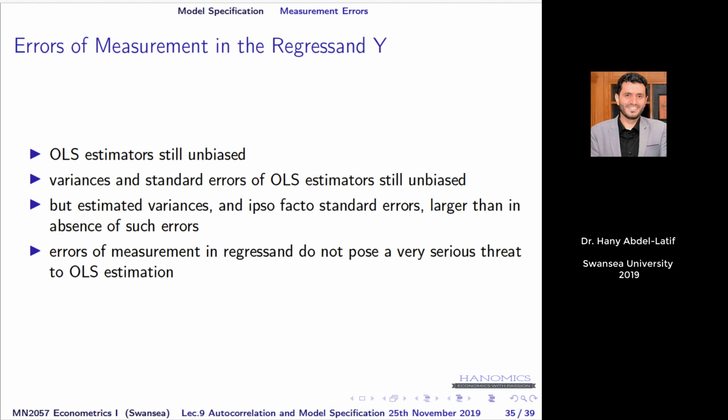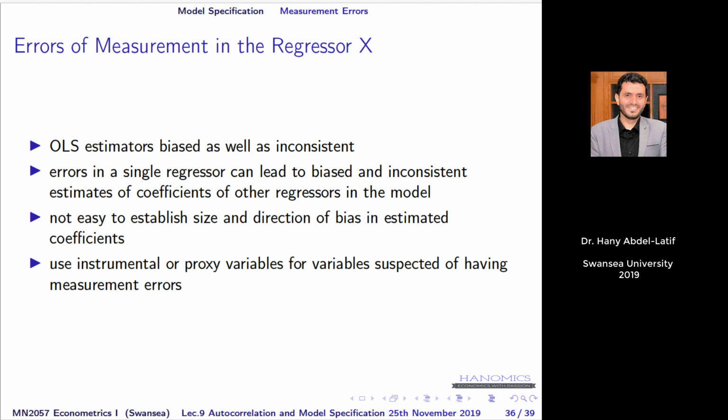But it's more serious when the measurement errors happen to your regressors, to one of your x's. In that case, your OLS estimation is biased. That's not good news. We don't want our OLS estimator to be biased, and that is the main issue.